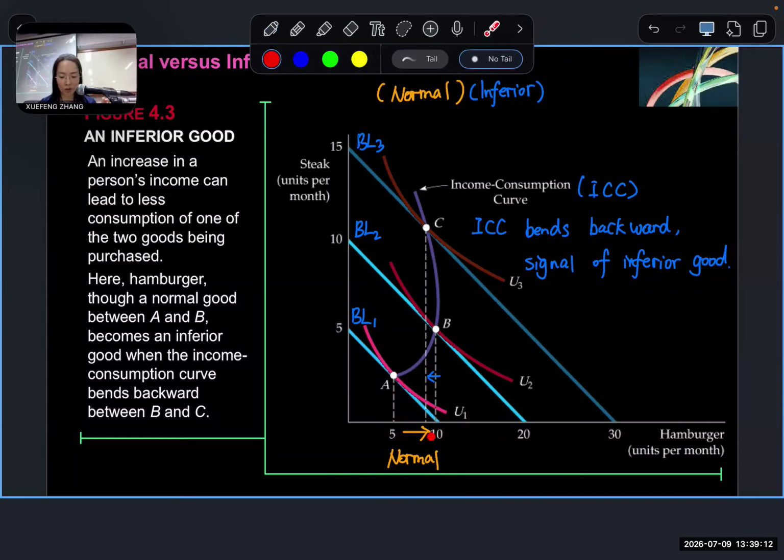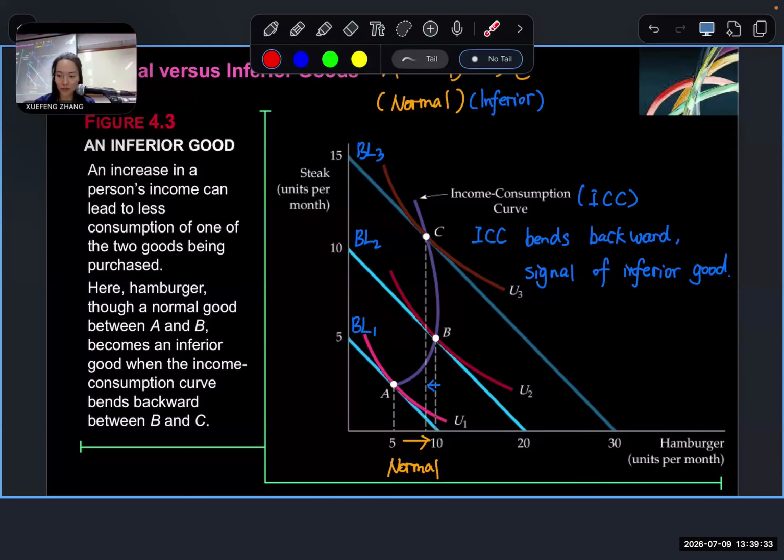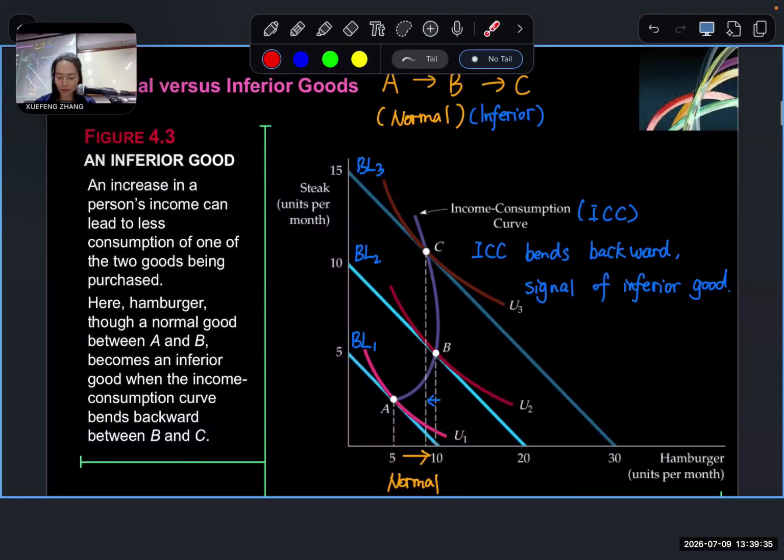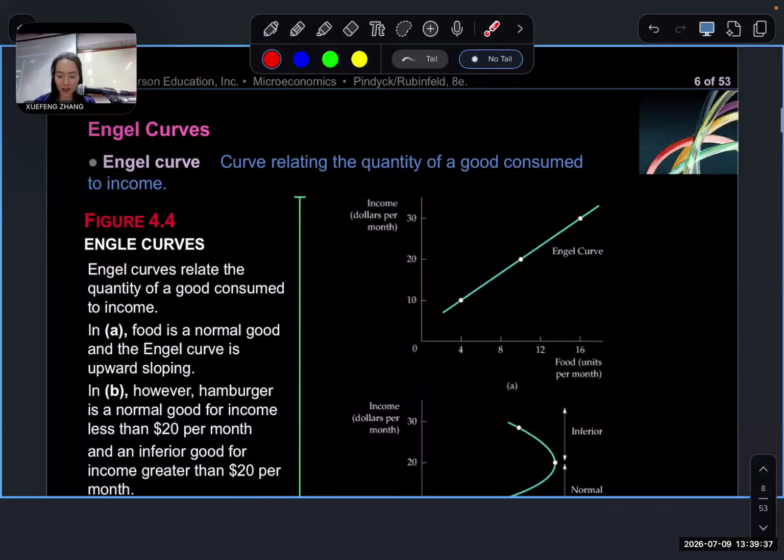It's still a normal good. But from B to C, hamburger becomes an inferior good. Okay, let's continue.